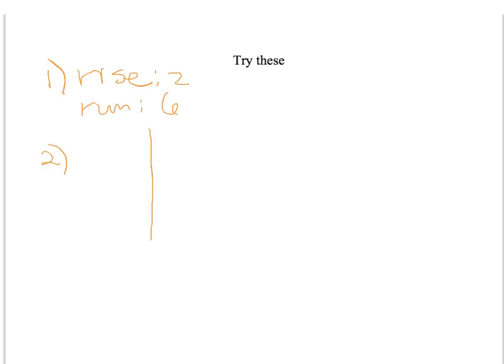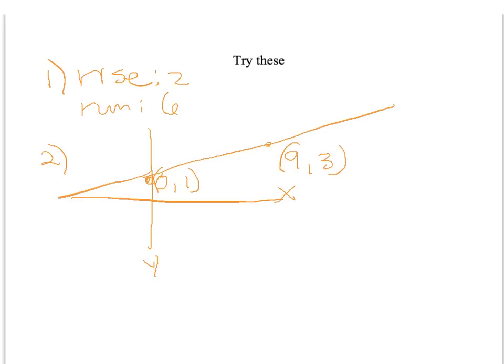Find the slope of the line that goes through point 0, 1, and 9, 3. And last, I would like you to try to find the slope of the line that goes through the point 6, negative 1, and 10, negative 1.